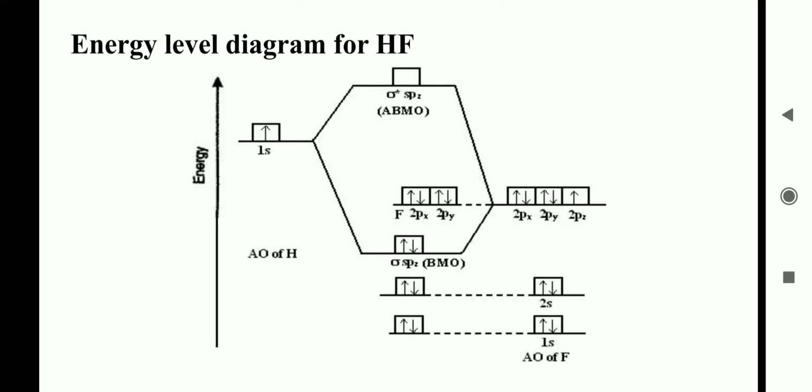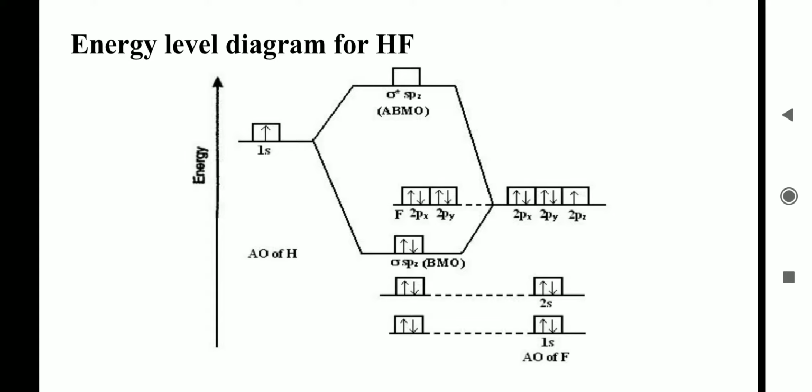Now we have to fill the two electrons, that is 1s1 and 2pz1, and both will go into the sigma s-pz orbital.